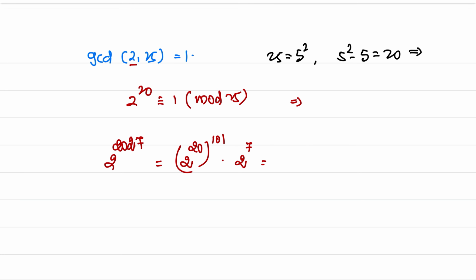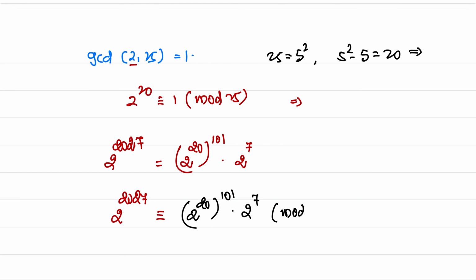Now, we'll use this here. 2 to the power of 2027 is equivalent to 2 to the power of 20 to the power of 101 into 2 to the power of 7 mod 25.